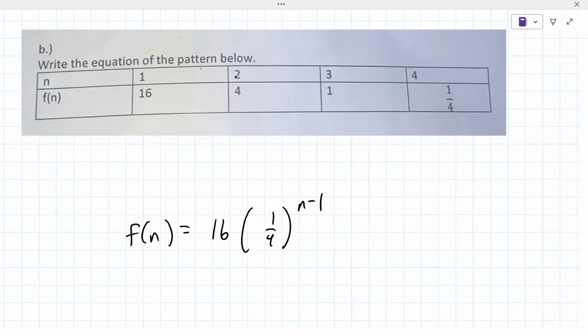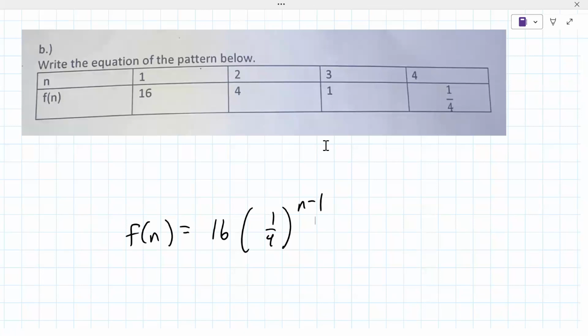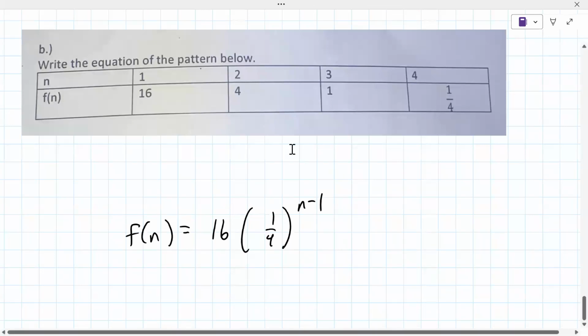So this is the answer. Where does the 16 come from in the table? I'm just asking you, where do you see 16 in the table?